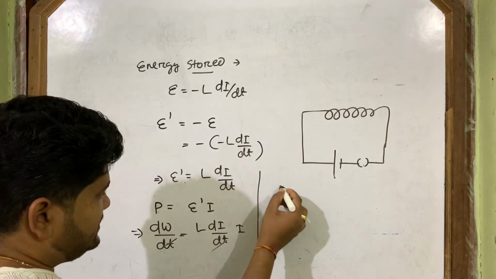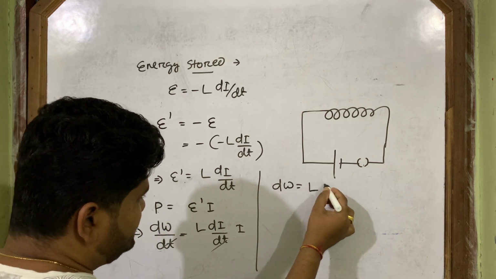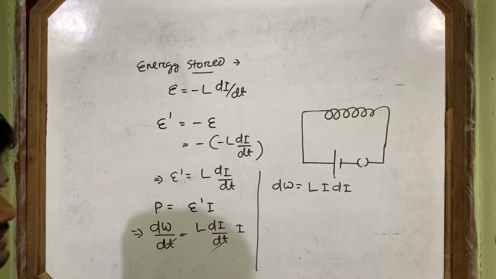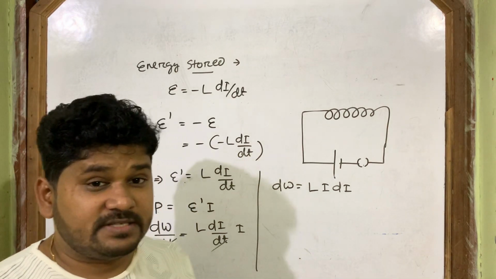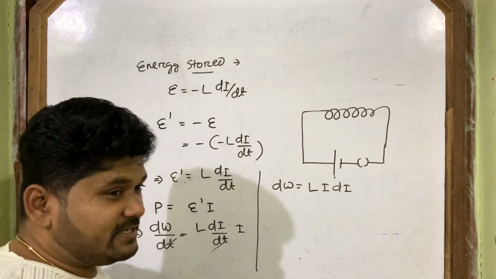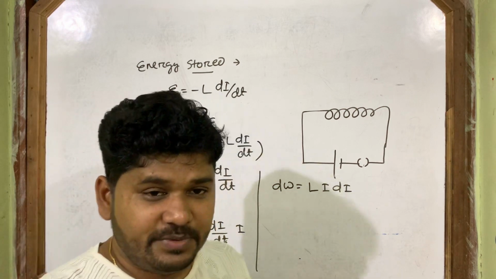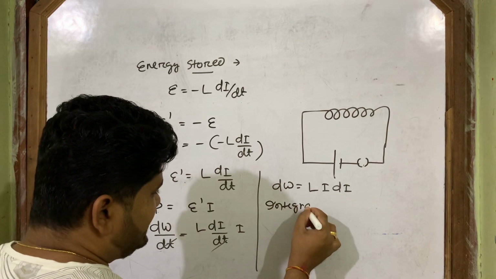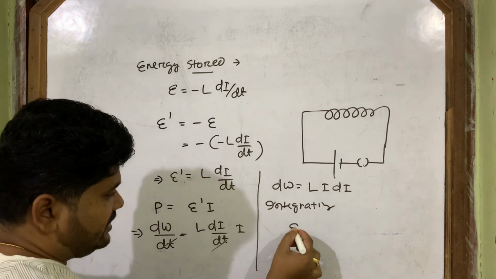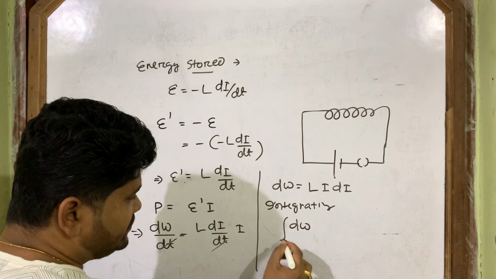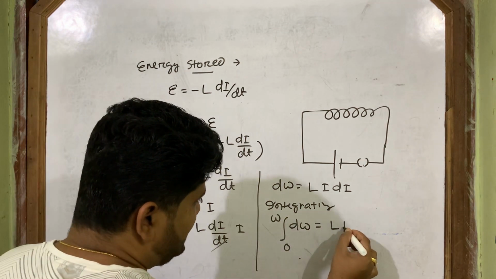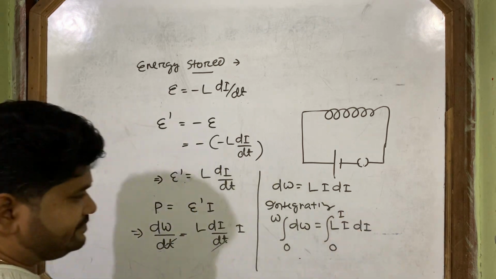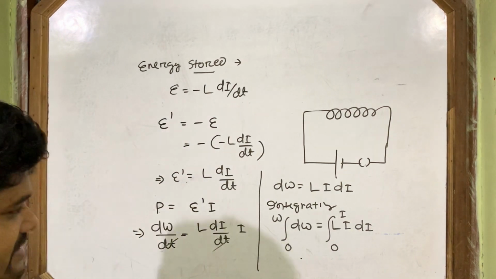What do we get here? dW is equal to Li di. Then how much total work is done to increase the current from 0 ampere to I ampere, its maximum value? Now let's integrate both sides: dW integration 0 to W, Li di integration 0 to I.